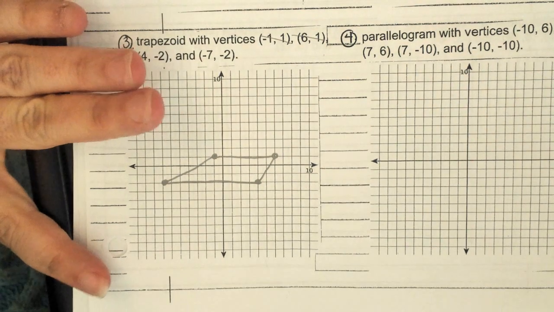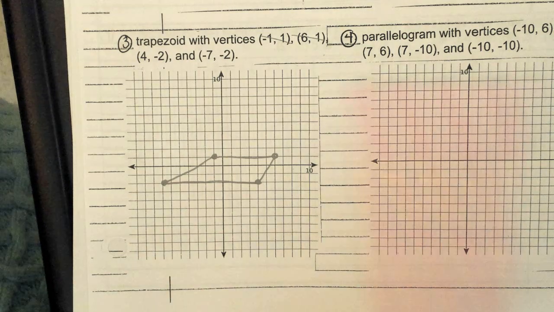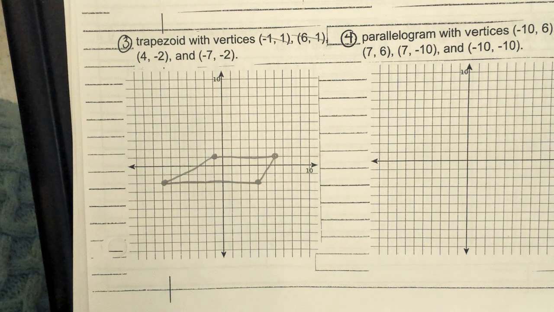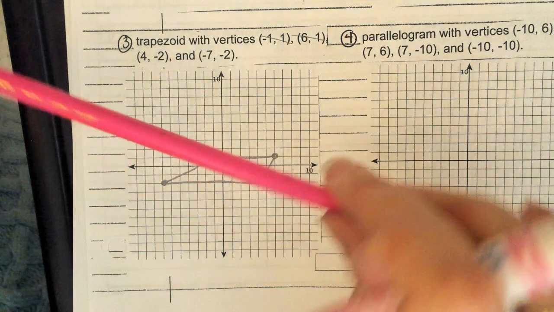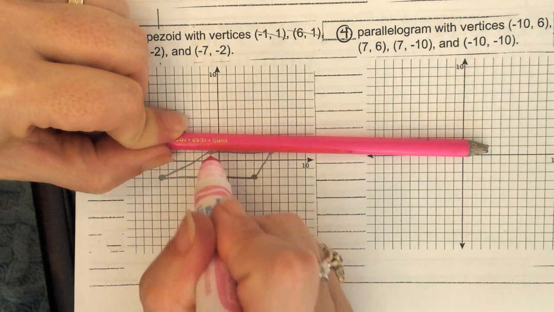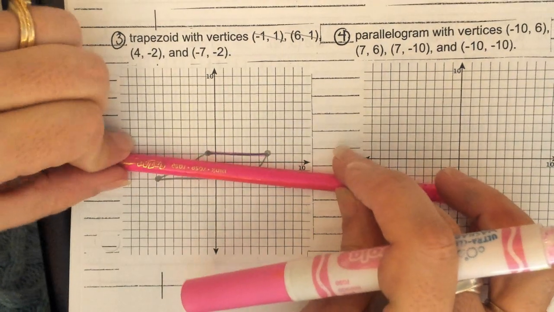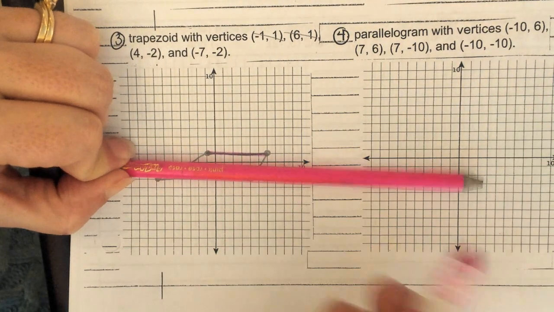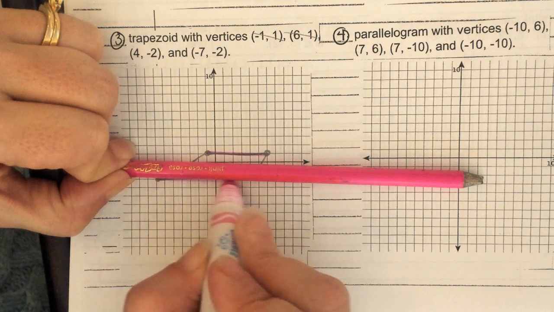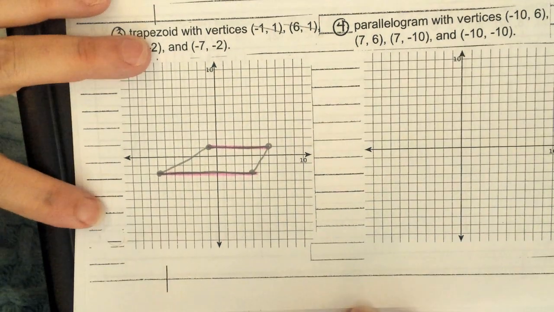now, what I'm looking for, I want to make sure I see one set of parallel lines. It's kind of why I'm going to a color, just showing you these are your parallels. That one and that one. Okay, notice those dots need to be straight on that same line.